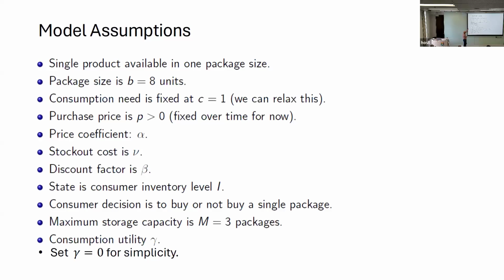There's a price coefficient, and there's a stockout cost. So when you run out of inventory, that creates stockout problems that you don't want to face. And there's a discount factor, and the inventory variable is I, and the consumer needs to decide whether to buy or not. It's a simple decision problem. There's no brand choice problem. And assume maximum storage capacity is 3. And the consumption utility is gamma, but I'm going to set gamma equals 0 for simplicity.